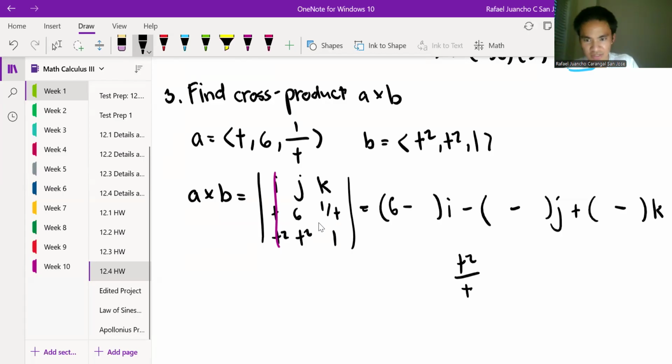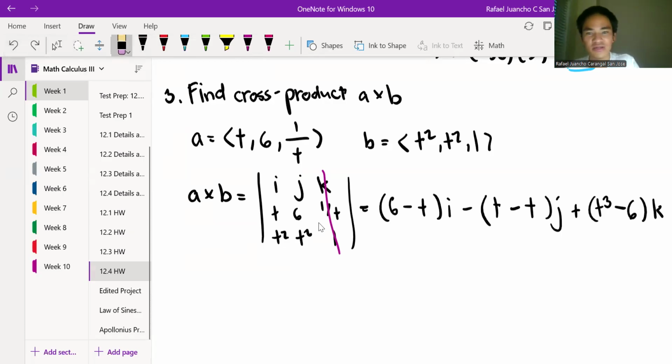So that's 6 minus t. Next, for j, we have t times 1 is t, t squared times 1 over t is t, so that's 0. And lastly, for k, that's t times t squared, so that's t cubed minus 6t squared.